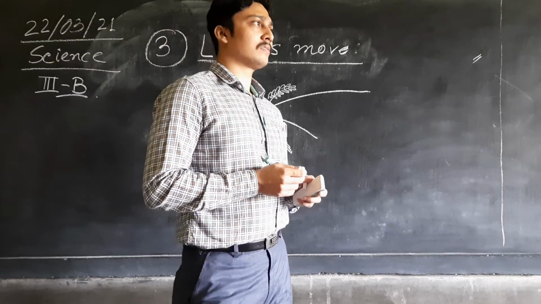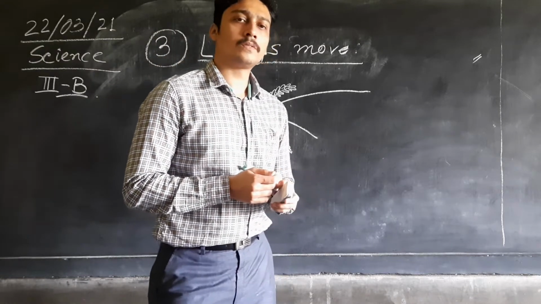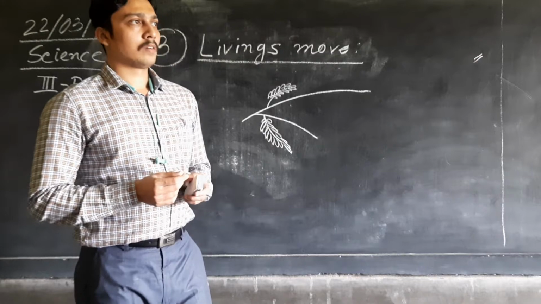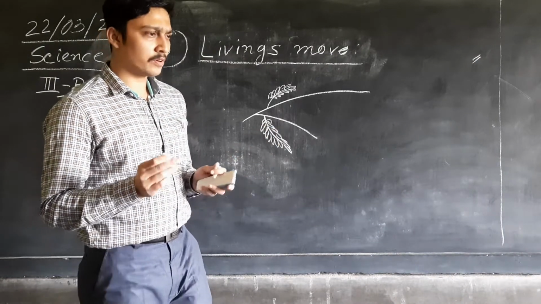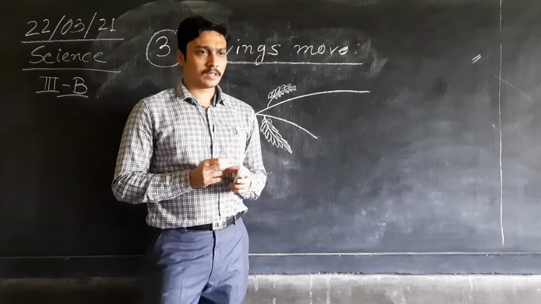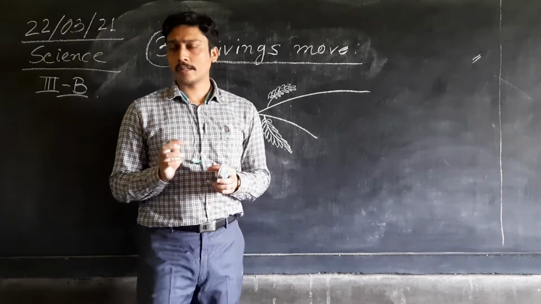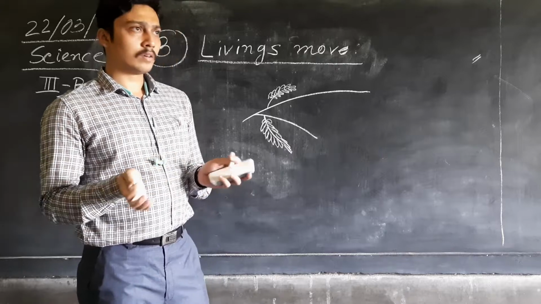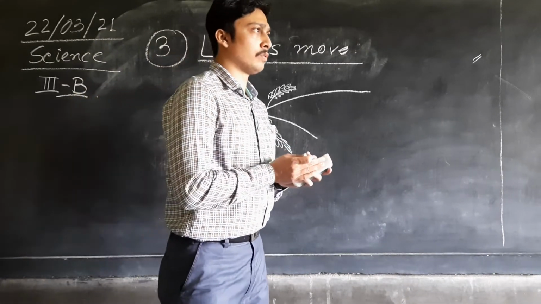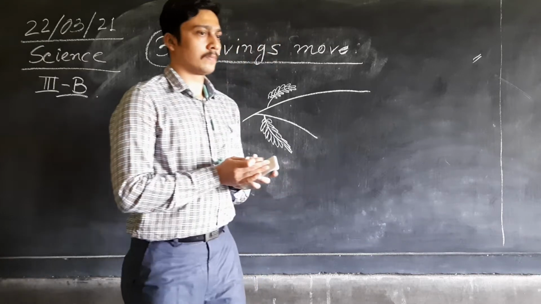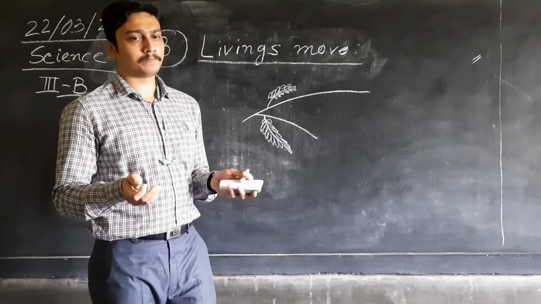There is another example, the tamarind plant. I think you have already seen the tamarind plant. Its leaves also close up during the evening, and in the morning they open up.